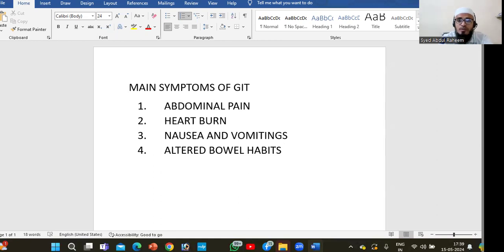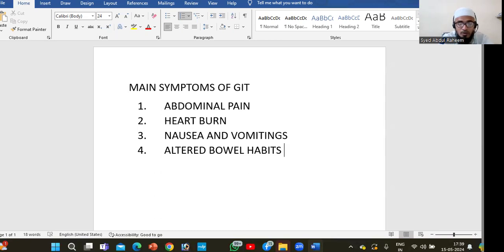We have three categories of functions of the GIT: digestion, absorption, and defecation, the removal of harmful substances.